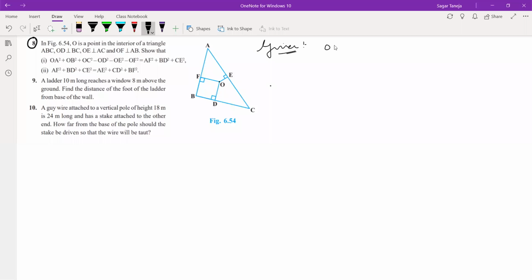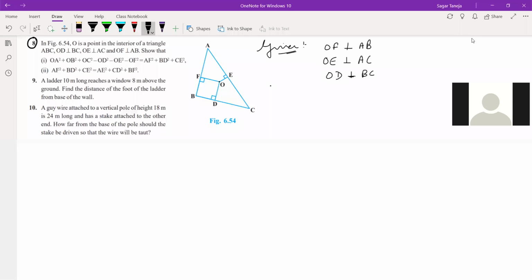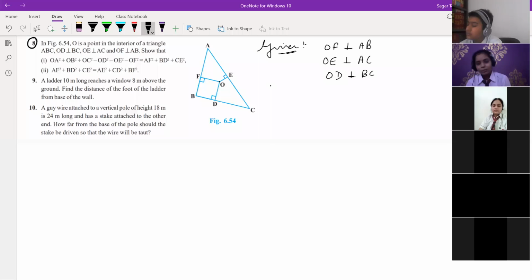Given is OF is perpendicular to AB, OE is perpendicular to AC, and OD is perpendicular to BC. After this, just try to prove.